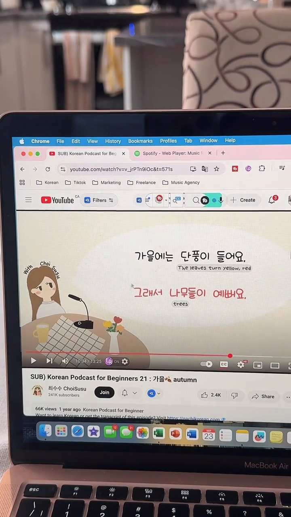So I would say in this case, therefore. Okay, we have 나무들이. So 나무, which is from trees. The so at the end always reminds me. Yeah, a lot of people have been saying that for 그래서. They remember because it ends in 서, which is very similar to so. So that can be another trick to remember what 그래서 means.